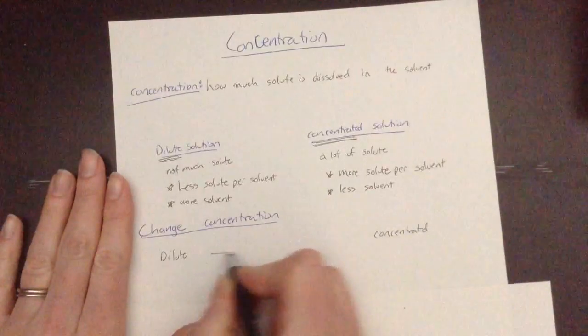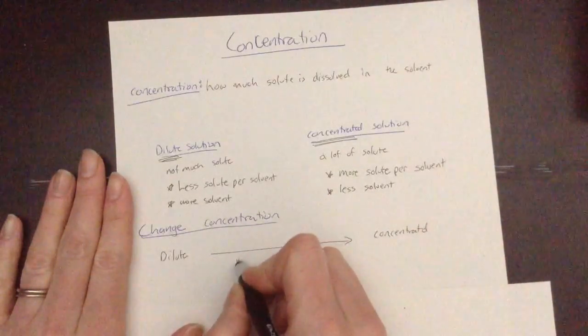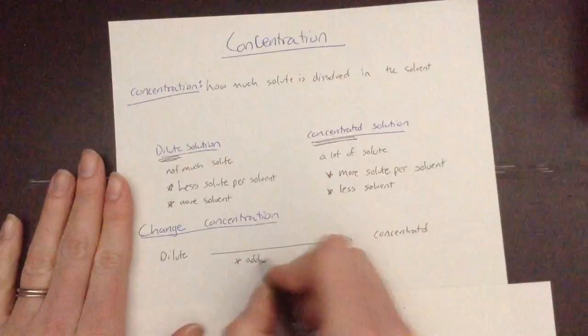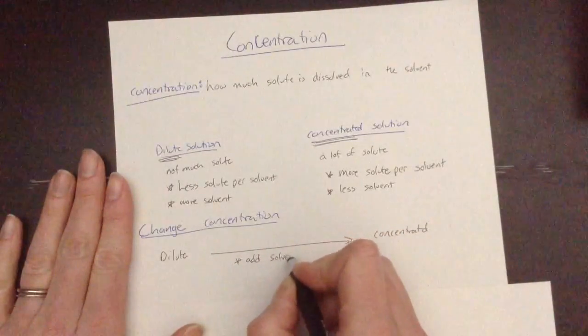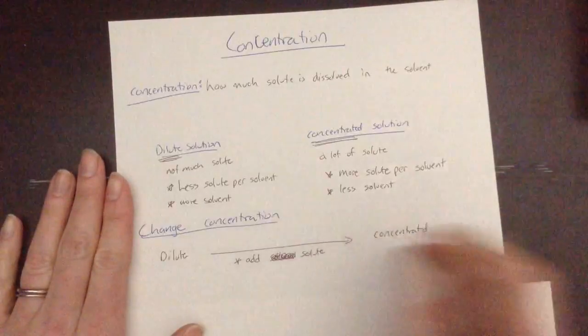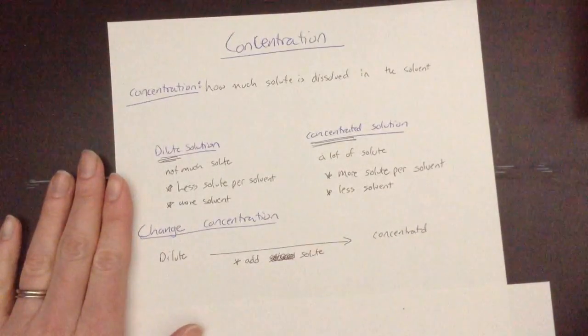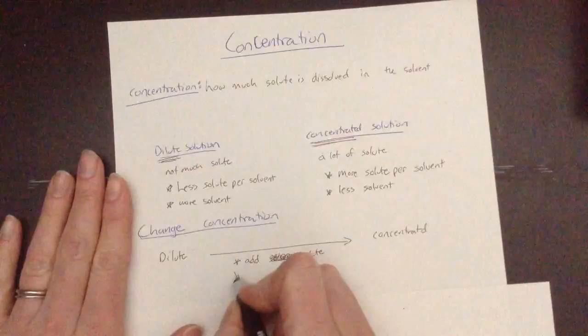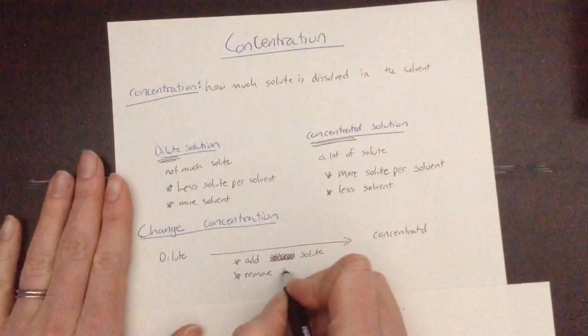If you wanted to go from dilute to concentrated, you could do one of 2 things. You could add solute. If you put more of the solute in there, then you'll be able to have a more concentrated solution. Or you would remove the solvent.